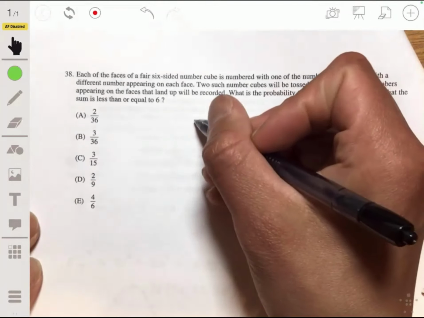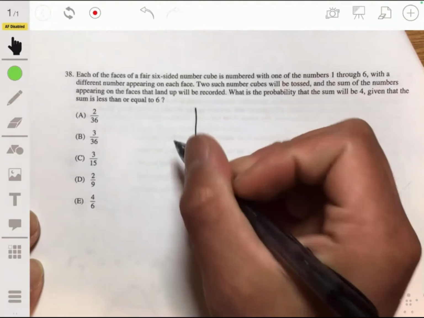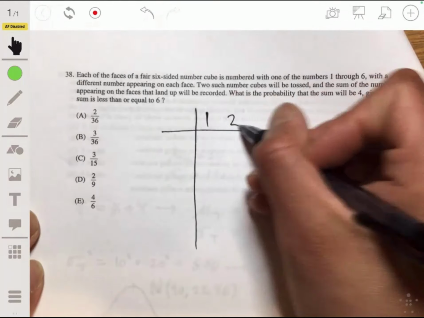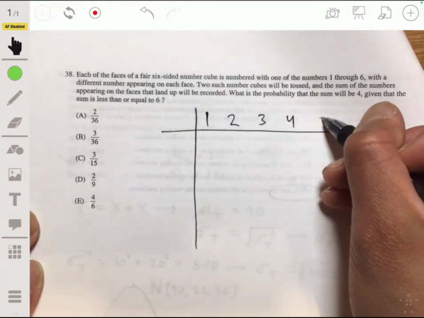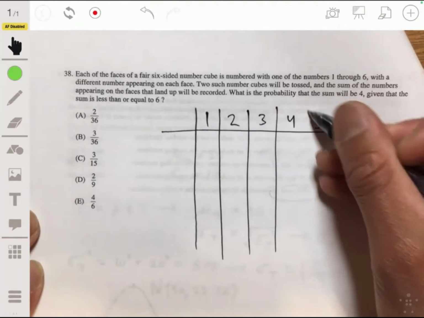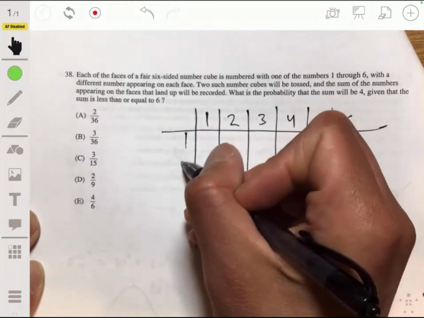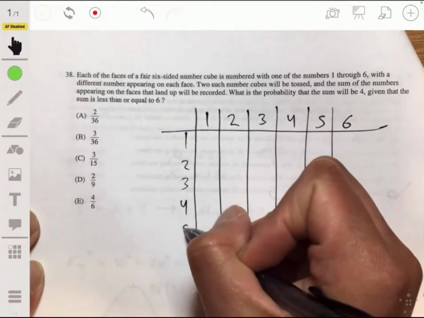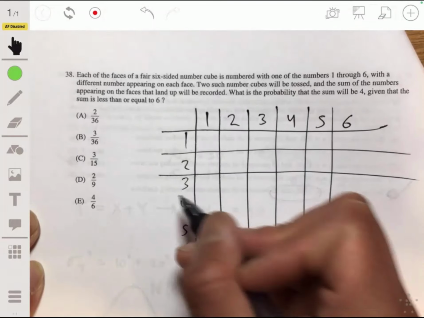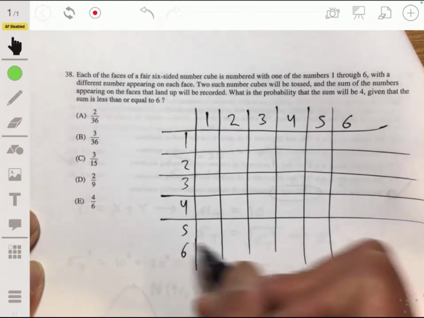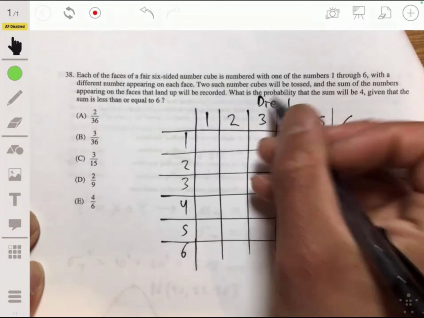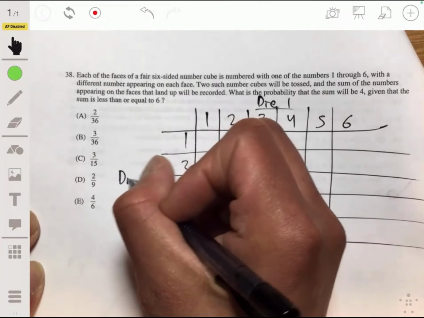Okay, so let's just draw a diagram. It might take a little time, but it'll be good for you to see this, especially if you're not strong in your probability. Here we have die 1, the number you get on die 1, and over here the number you get on die 2.